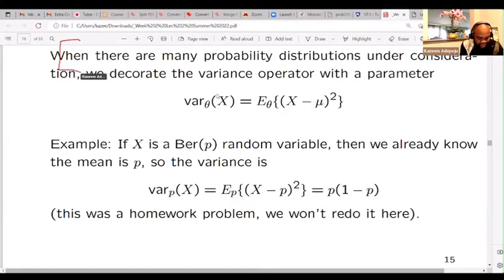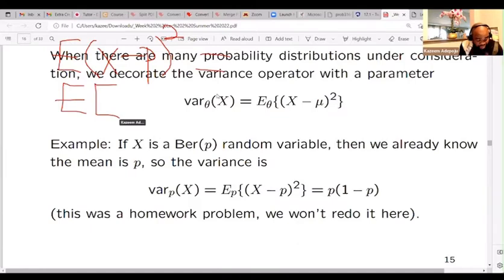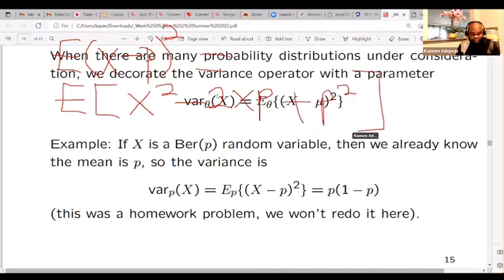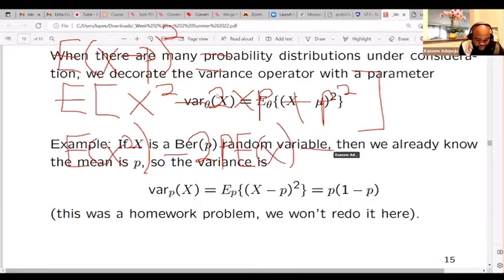If I have the expected value of (x minus p) squared, and you expand this, you're going to have x squared minus 2xp plus p squared. That's going to be the expected value of x squared minus 2p times the expected value of x plus the expected value of p squared.